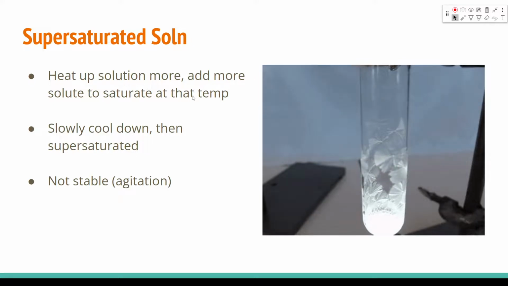If I increased it to 50 degrees Celsius for that previous example, and dissolve that part, eventually it could cool down to room temp and it's supersaturated. It is not very stable. Here's an example. I don't remember what compound this is, but if you slightly agitate it by just tapping it a little bit, then you start getting crystallization. So it's not hardcore stable once you've reached the point of being supersaturated.